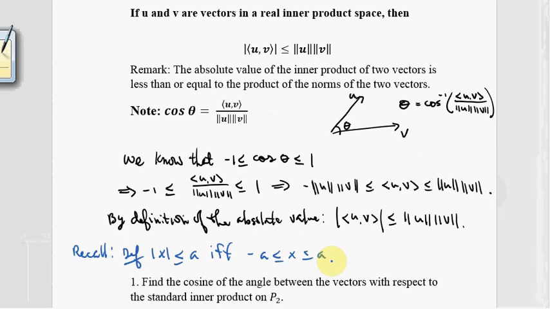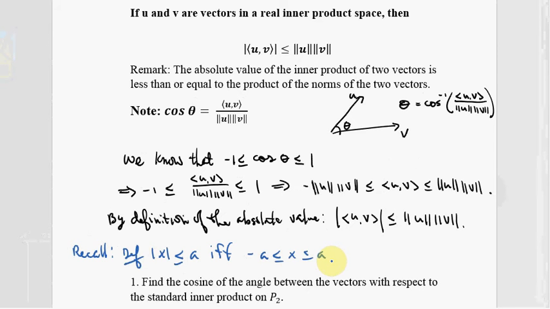So you can write it either way. Just from the cosine and how it's defined, cosine theta is equal to this inner product, and we know that cosine oscillates between -1 and 1, so you could really produce the Cauchy-Schwarz inequality from there.